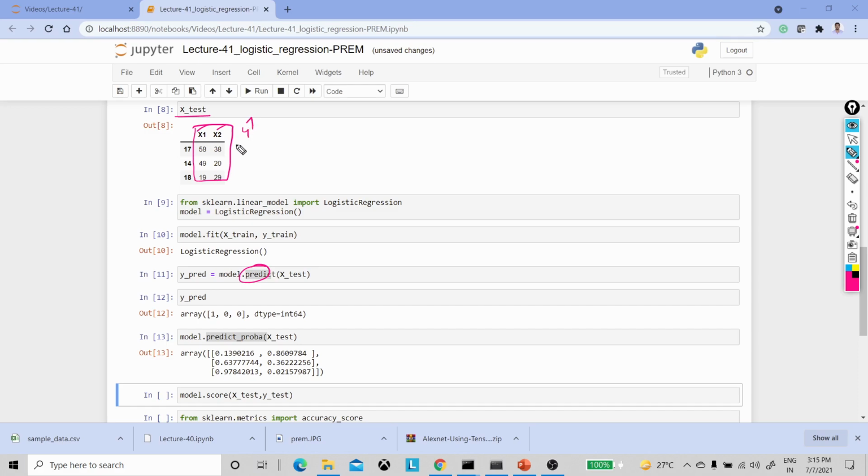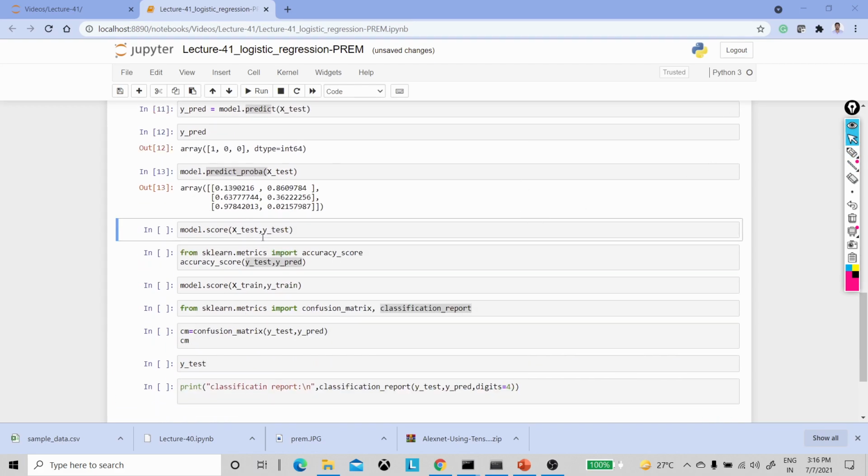So the predicted output shows there is an 0.86 probability of getting class 1, and for class 0 the probabilities are 0.63 and 0.97, which means these two are for getting zeros, and this value is the probability of getting 1.